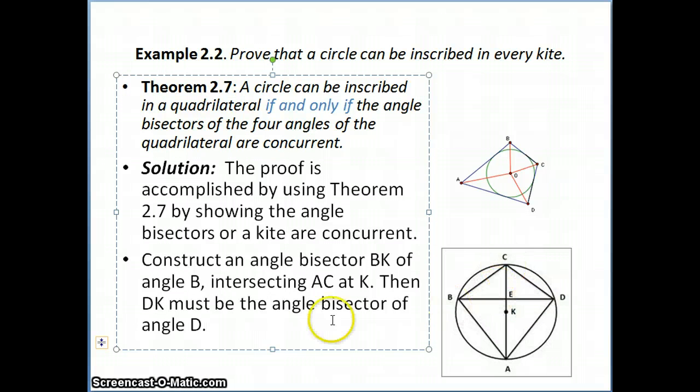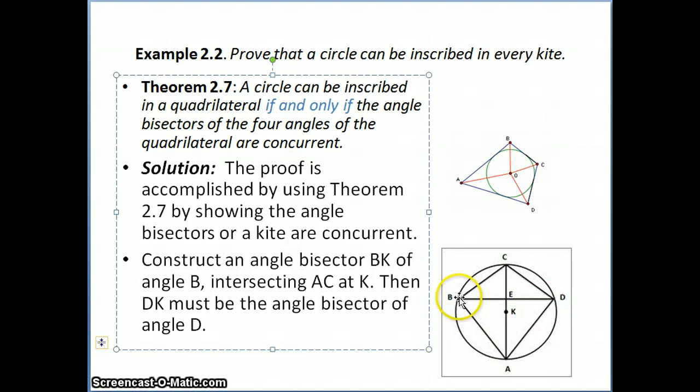So we construct an angle bisector of one of the angles, for example B, intersecting AC at K. So suppose we draw BK, which is an angle bisector of angle B, and then we connect D and K. From the construction we don't know if DK is the angle bisector, but we can prove DK must be an angle bisector.